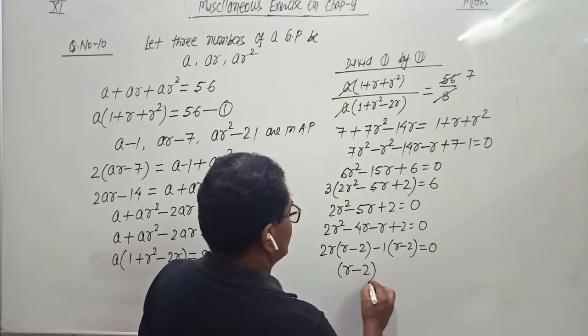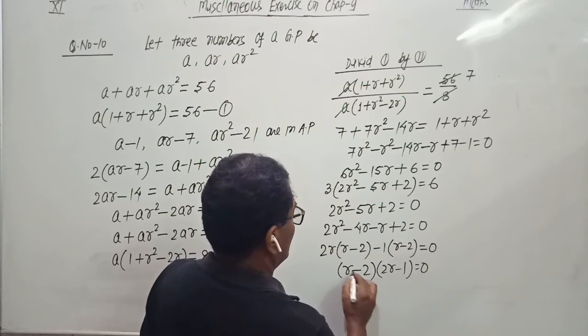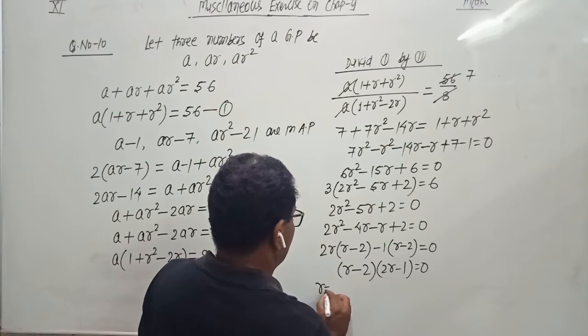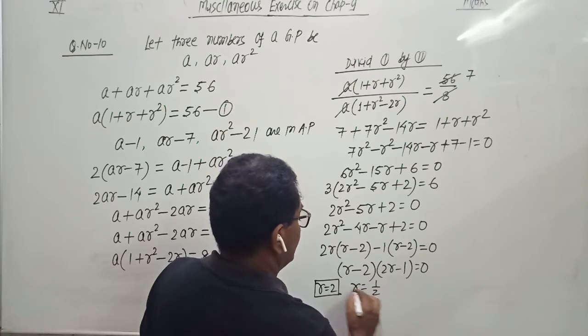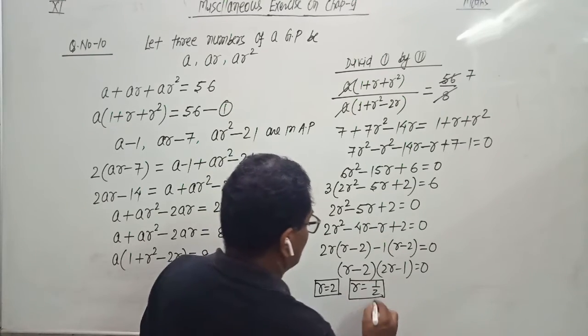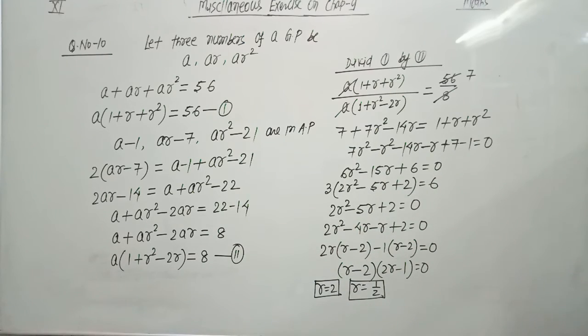Then R minus 2 and 2R minus 1 equals 0. From here we get the value of R equals 2, and from here R equals 1 by 2. So we get the two values of R: R equals 2 and R equals 1 by 2.